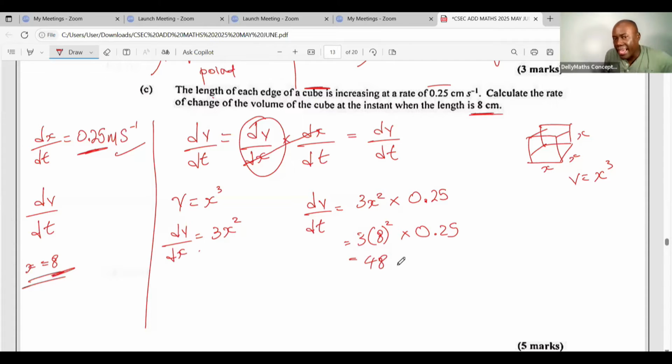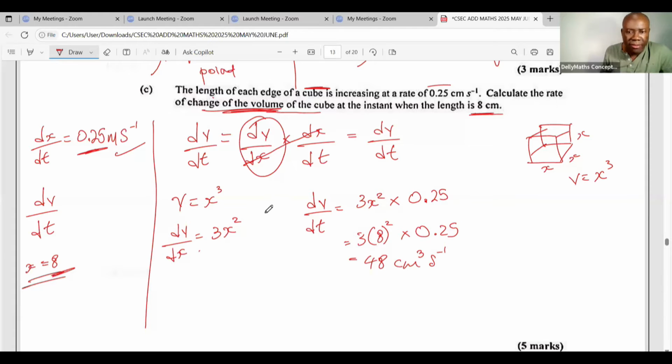In context, 48 centimeters cubed per second, because it is the rate of change of the volume. The moment we say rate of change of volume, it's volume with time, right? So that's 48 cm cubed right there. So that one is set.